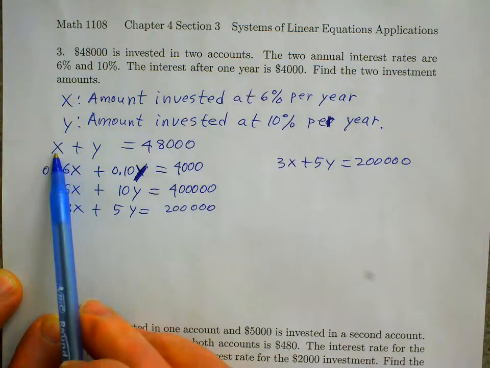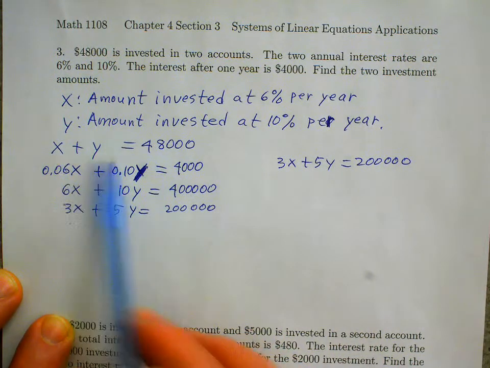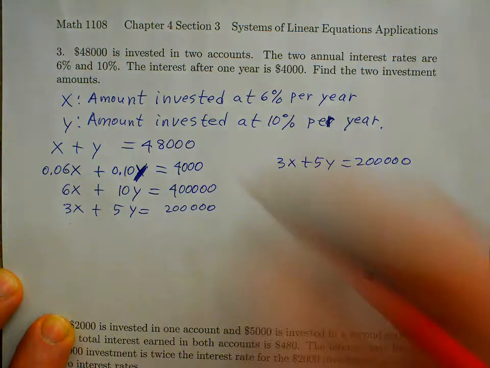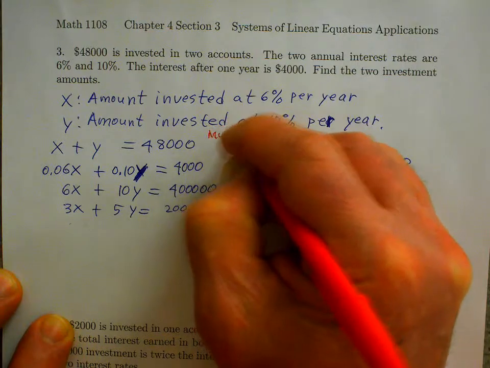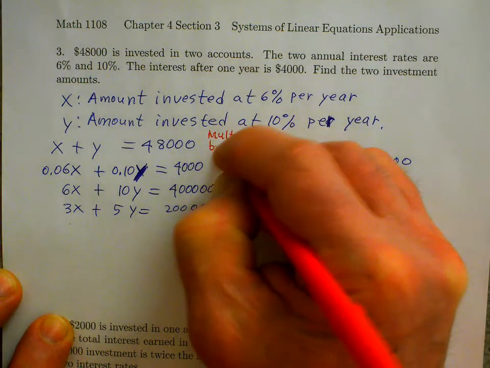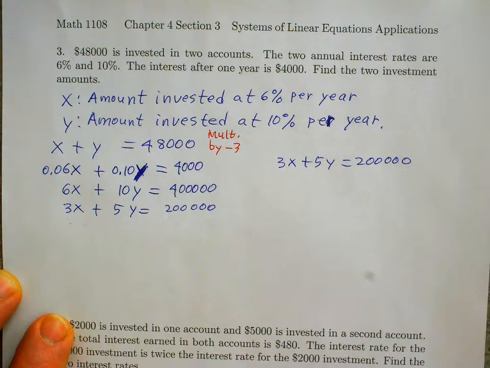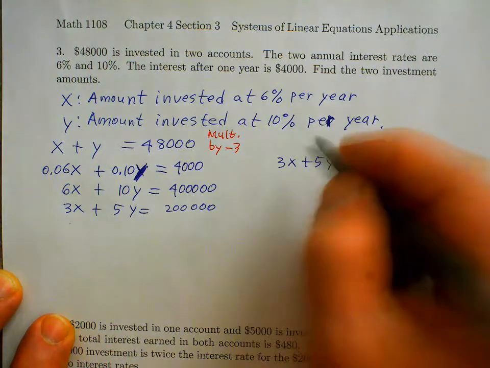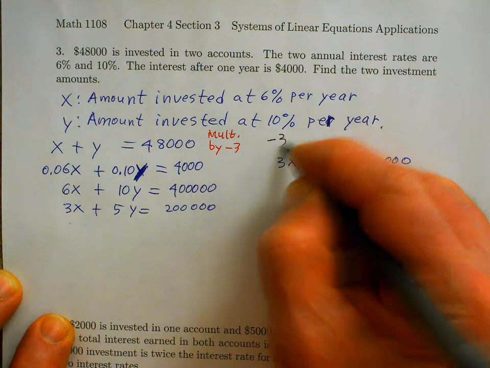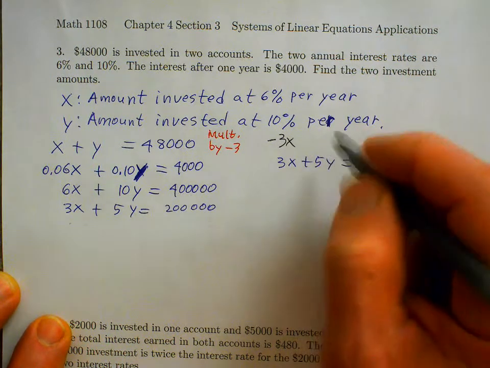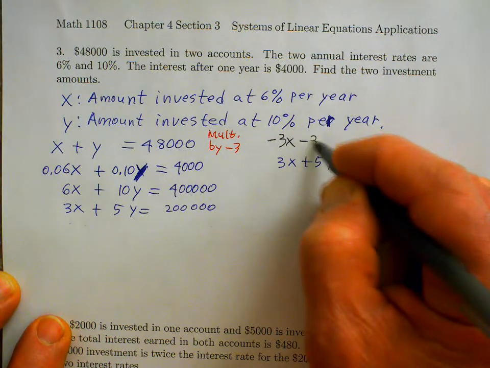And then multiply both sides of this equation by -3. So multiply by -3. And I get -3X minus 3Y.